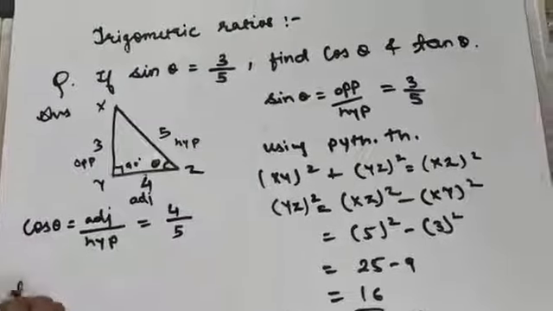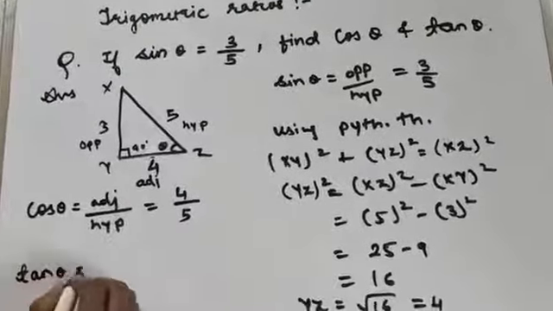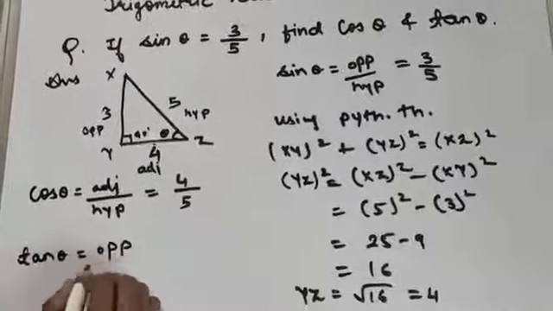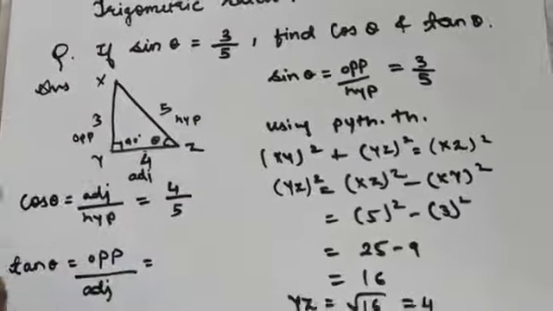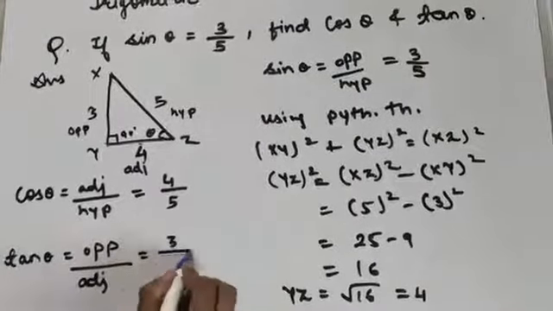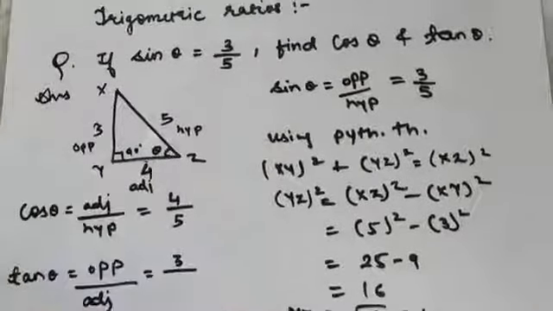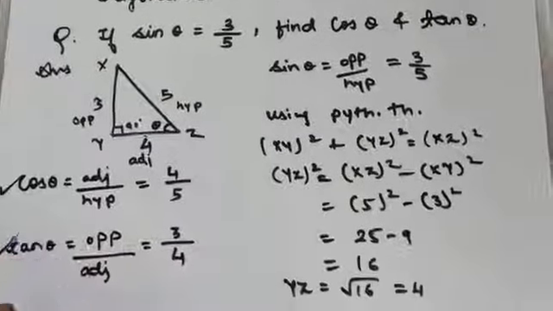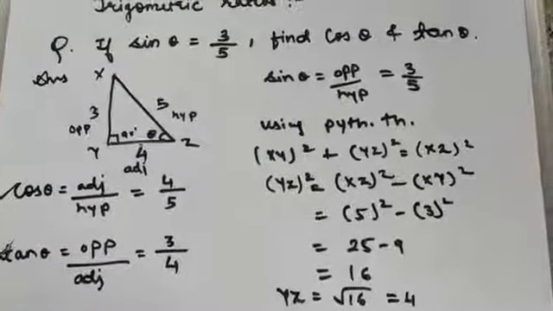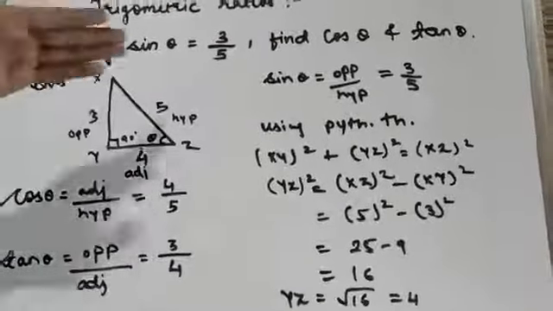Similarly, tan theta will be opposite side upon adjacent side. Opposite side is side XY, which is 3, and adjacent side is side YZ, which is 4. Okay, so in this way we have found cos theta and tan theta for given sin theta.